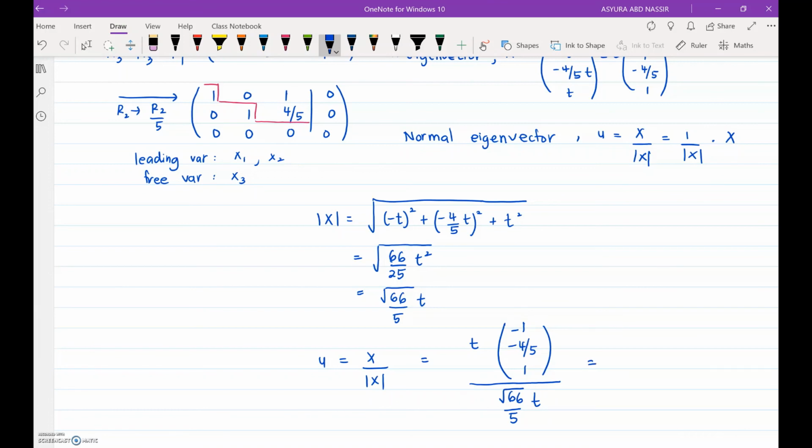When you simplify, you can cancel off your t, so it will be 5 over square root of 66 times negative 1, negative 4 over 5, and 1. So this is the normal eigenvector.